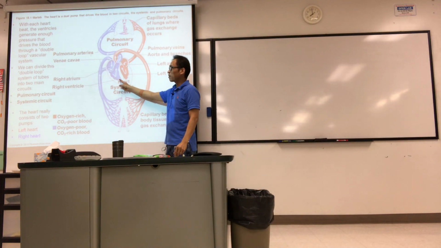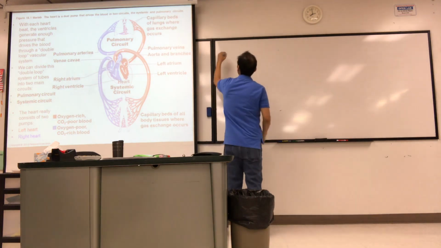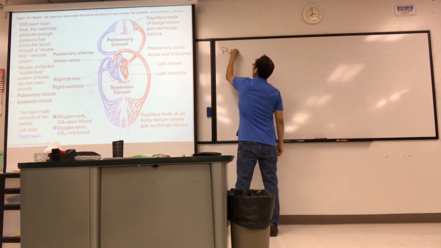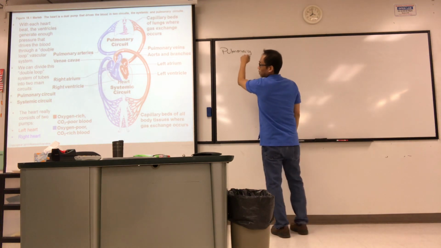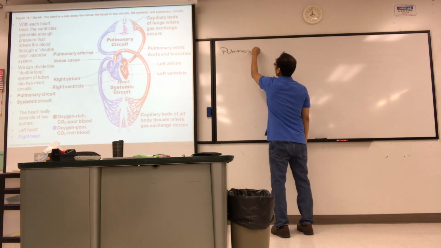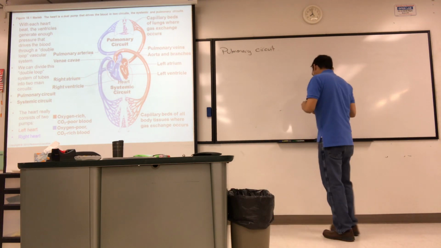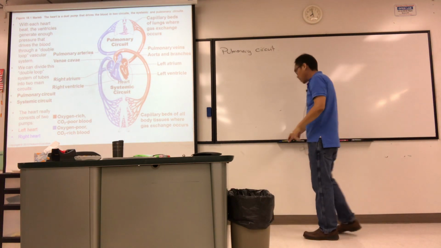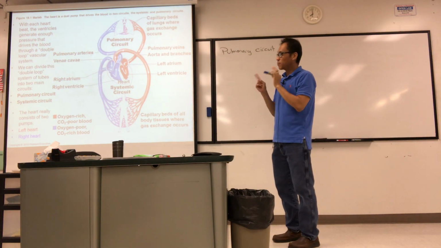So if you start there, we'll call this pulmonary circulation. Call it pulmonary circuit, pulmonary circulation. I'm going to use blue because the pulmonary arteries take blood away from the right heart to the lungs.